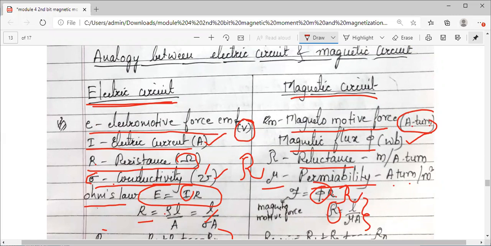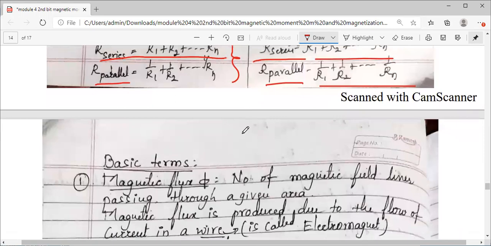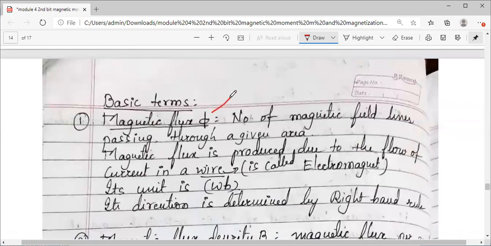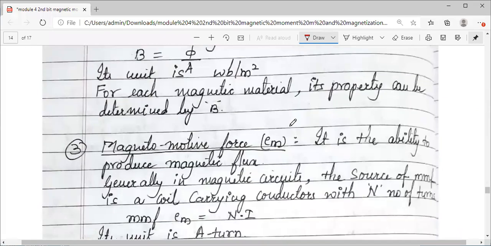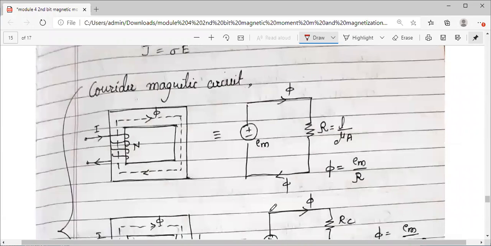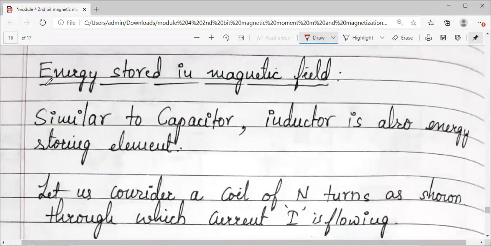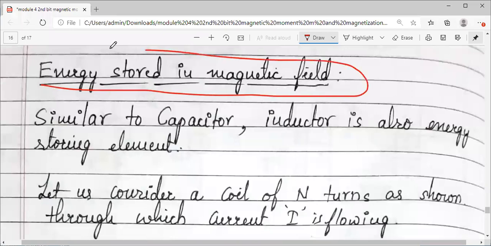So in the next session, we will continue with some of the basic terms, definitions that we come across in magnetic circuits. That is, flux का मतलब क्या है? Then B. These are all very common terms. Just definitions we will look into, and after these definitions, we will go for an important derivation, that is energy stored in a magnetic field.